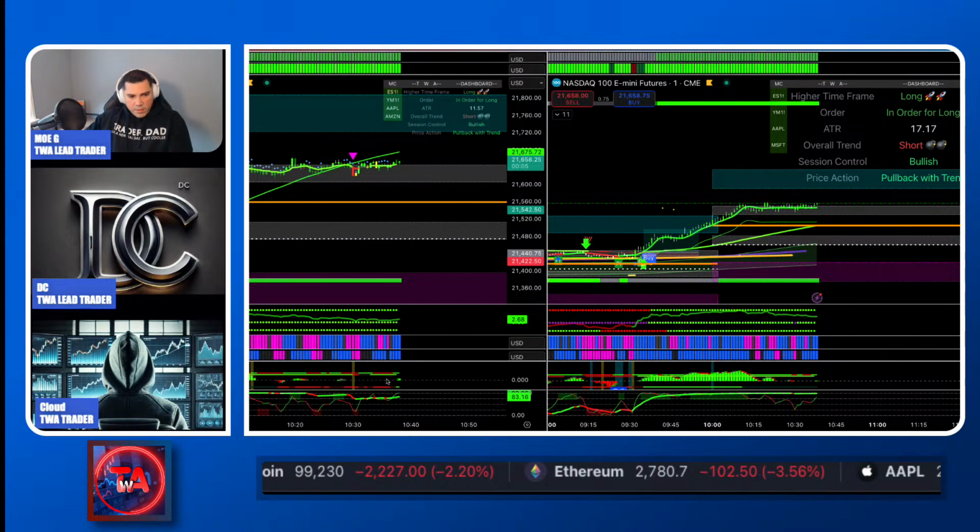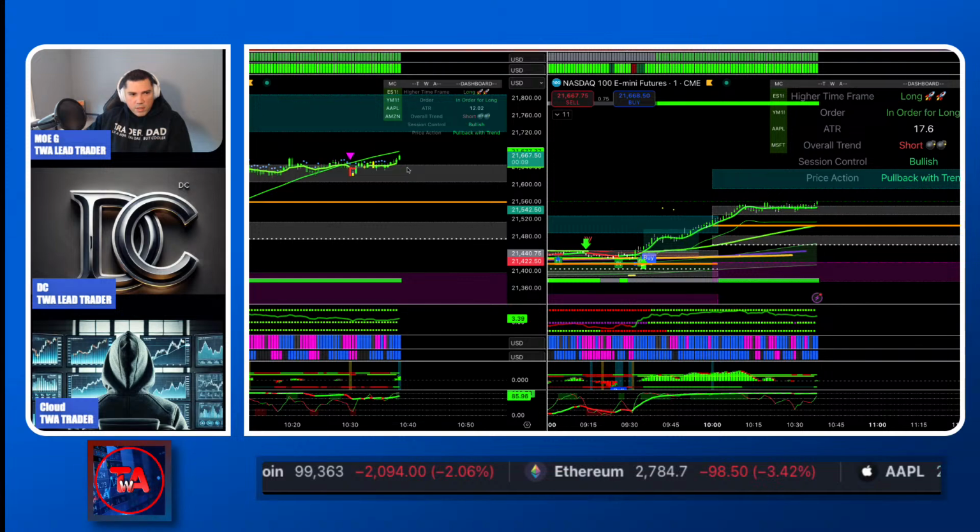And now I'm just watching to see what happens here. If you look at it on the TPOs, it's green, IVD is green, background's green. So there's really no reason to manually exit this trade that I see. It's just about managing it.